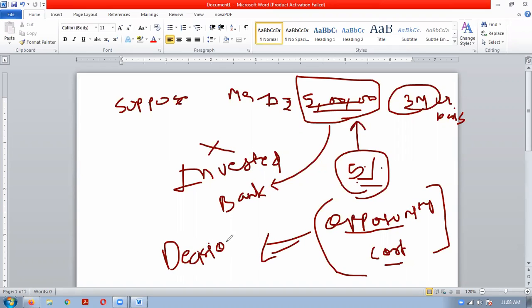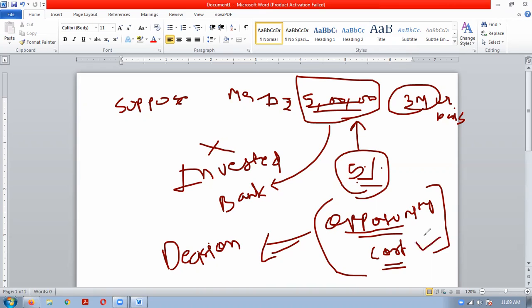Whenever you make a decision in financial management, cost accounting or management accounting, you will have to take opportunity cost into consideration. If you do not take opportunity cost into consideration, the decision you make will not be proper.